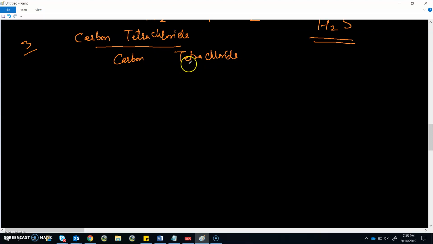Tetra means 4 as the name indicates. So we will take carbon and chloride. Carbon is C and chloride is Cl.